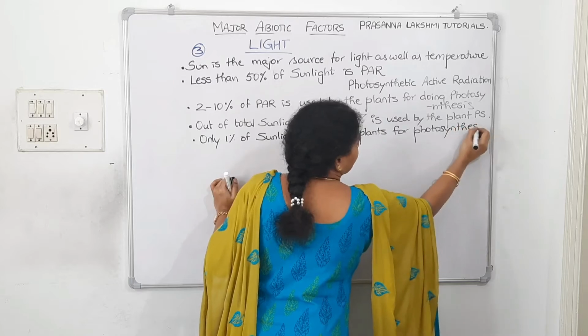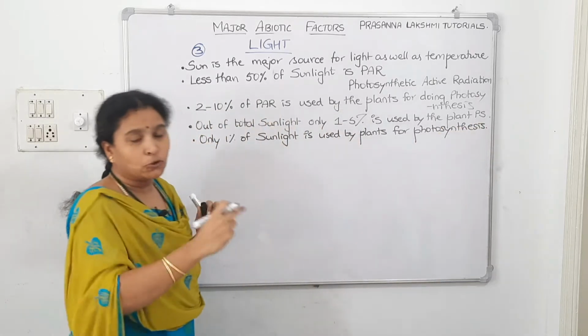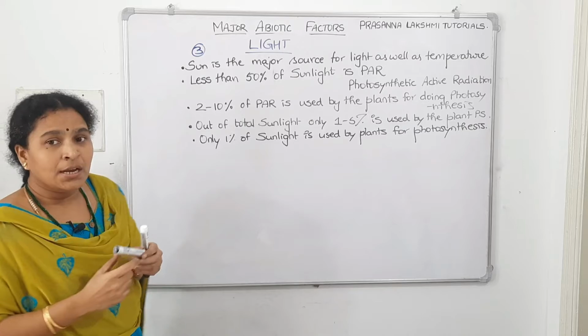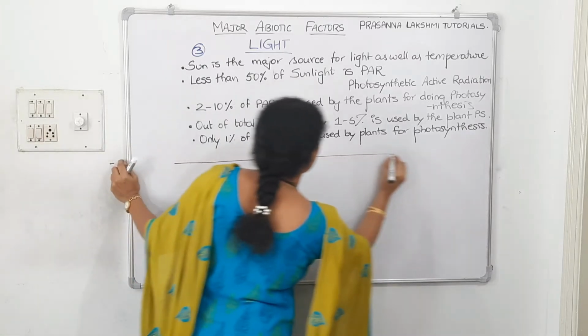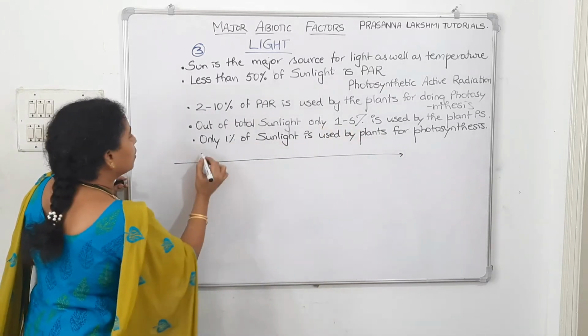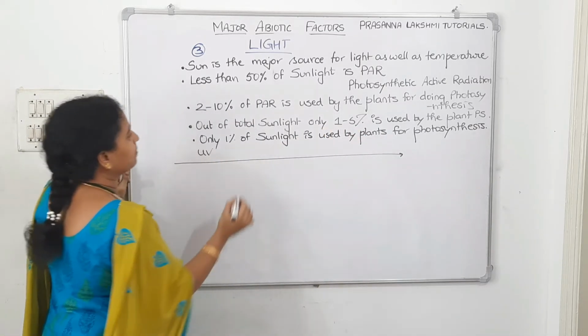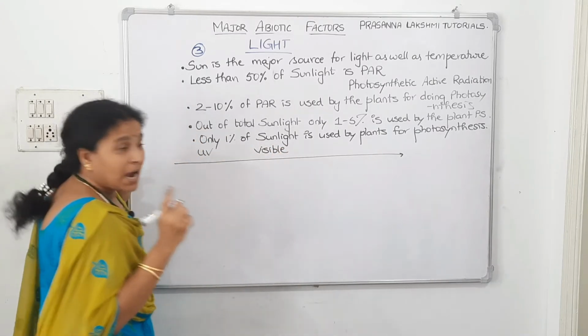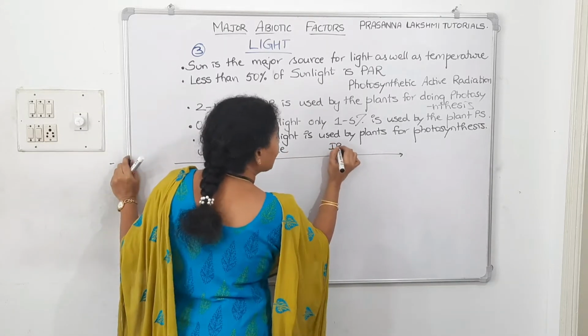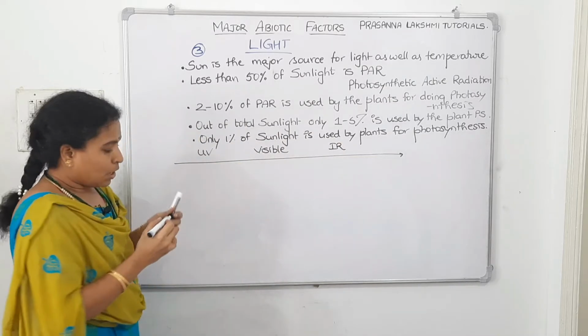Now again, if we see the photon energy, sunlight energy, what radiations can we find? The radiation scale: UV rays are there, visible rays are there, and IR radiation, infrared radiation, is also there.